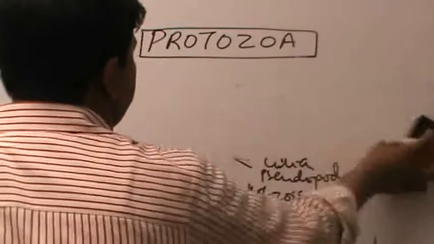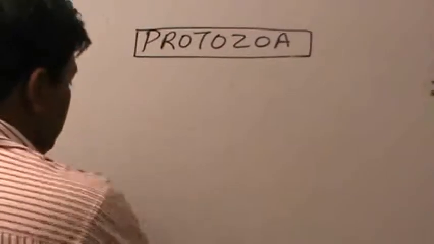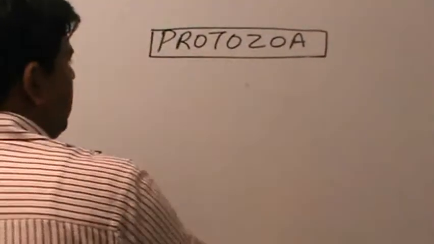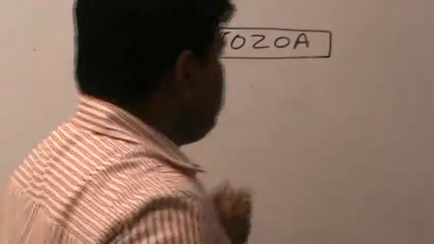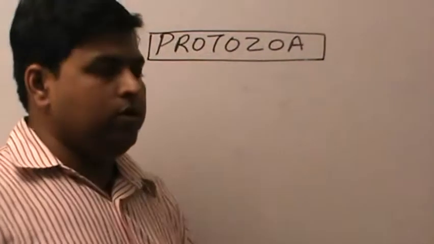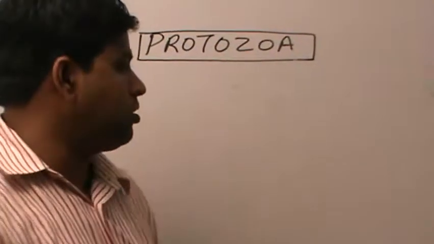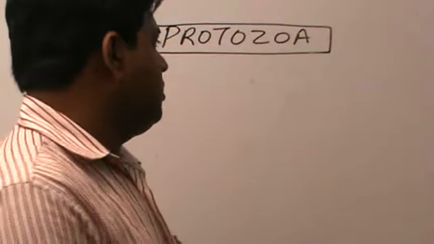Now we are going to classify them on the basis of locomotory organelle. As we have seen, they change their position from one point to the next with the help of some organelles or different types of organs.